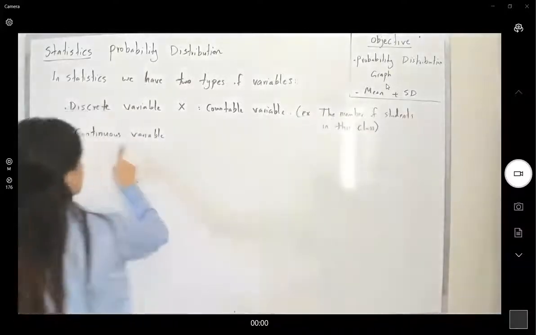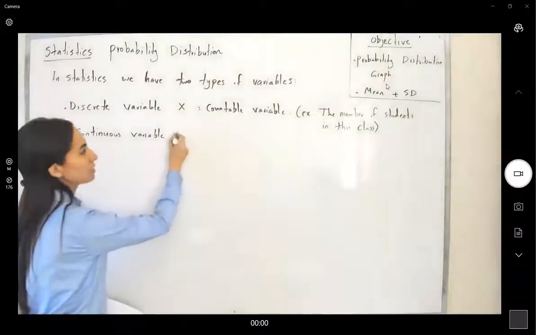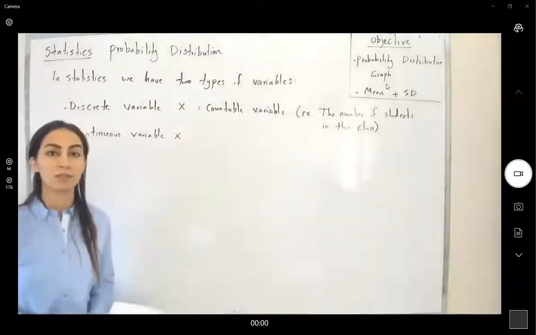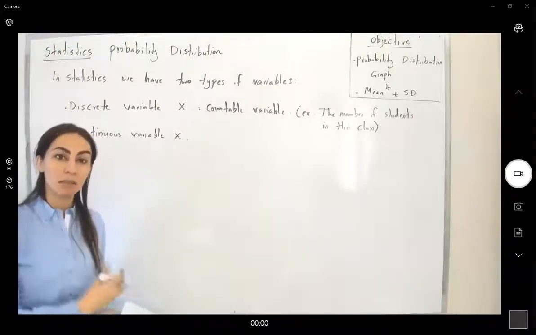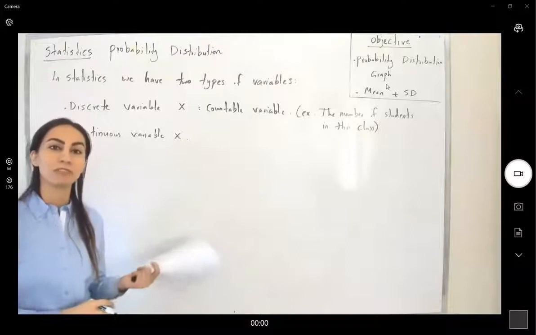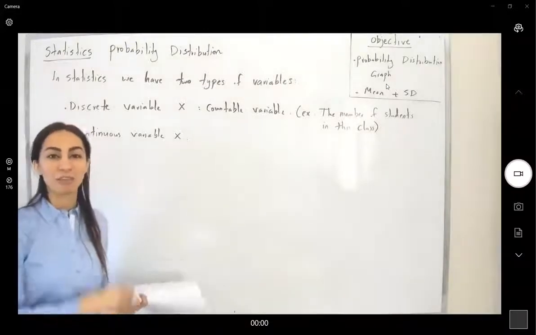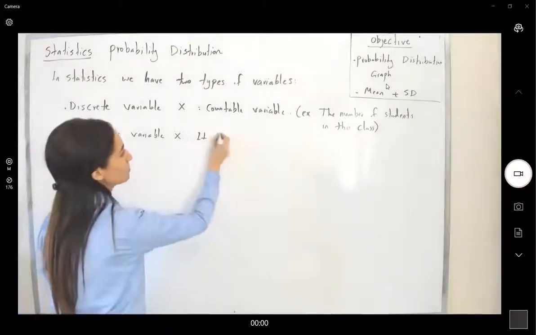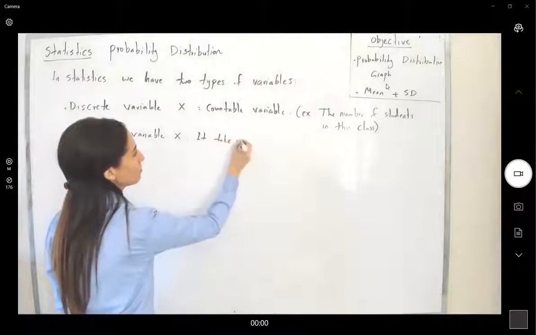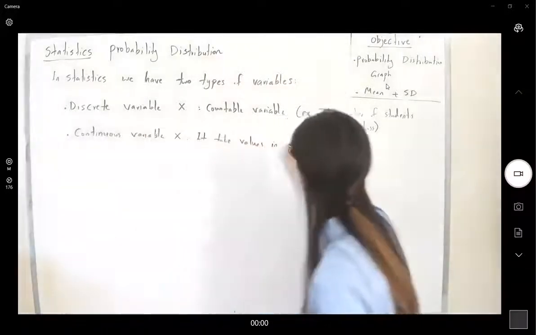What about a continuous variable? A continuous variable x is not countable. It can take on a range of values between a lower and a larger value in an interval.